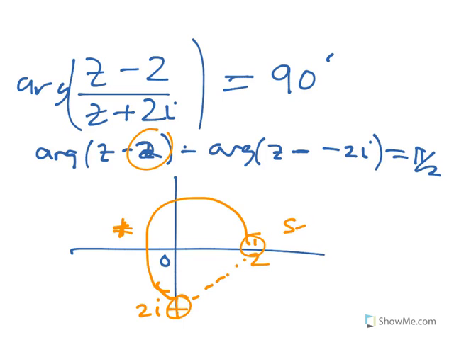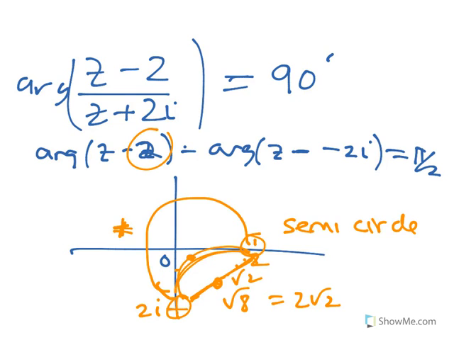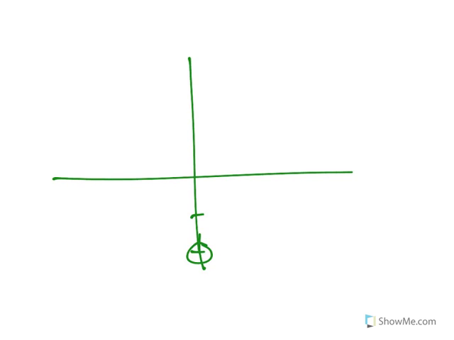So it's actually going to look like a semicircle. Now, that's 2 and 2i. This would be root 8, which is 2 root 2. To draw it nicely, it probably should come in more like that, so the radius looks more to scale.